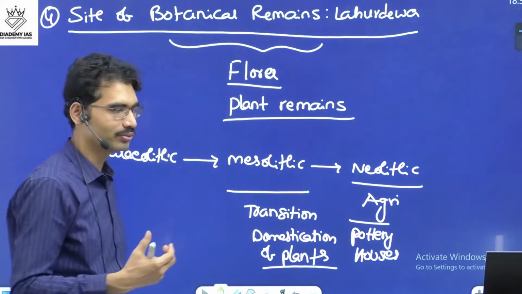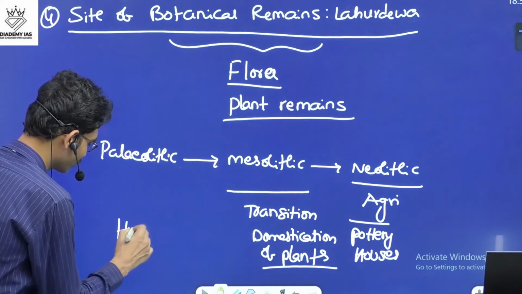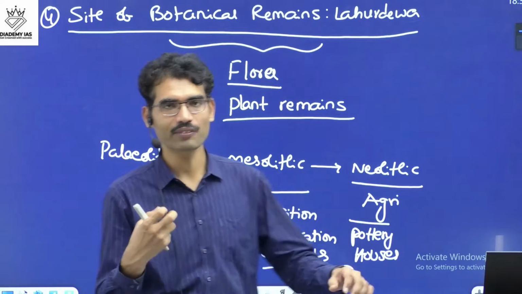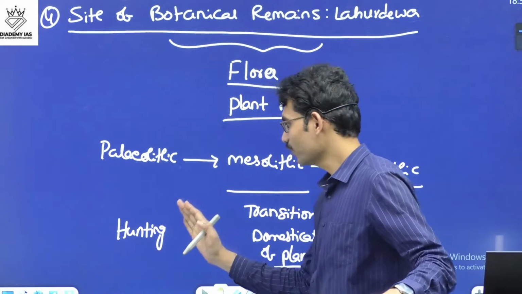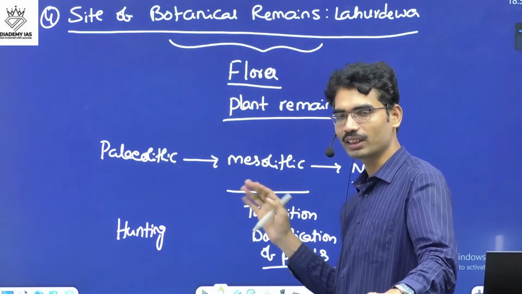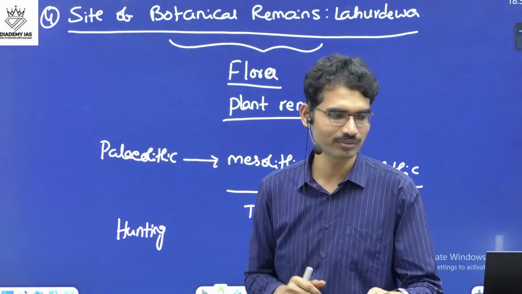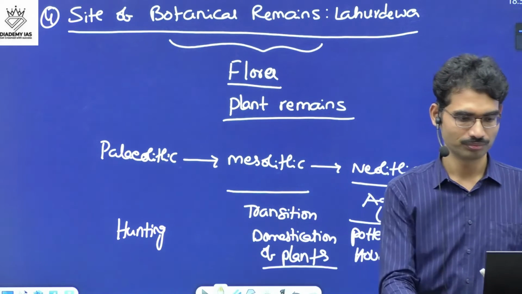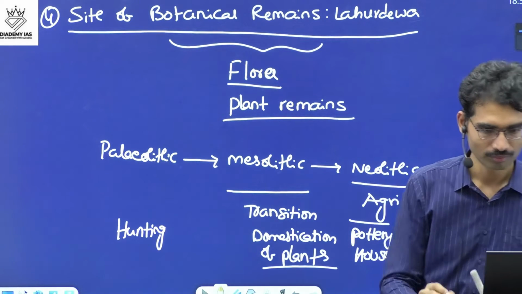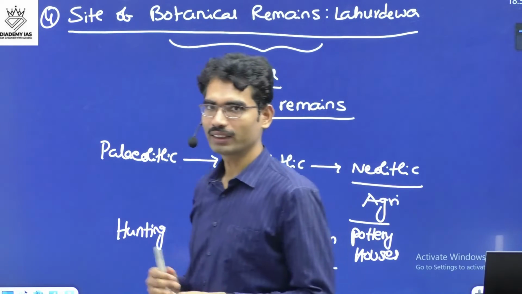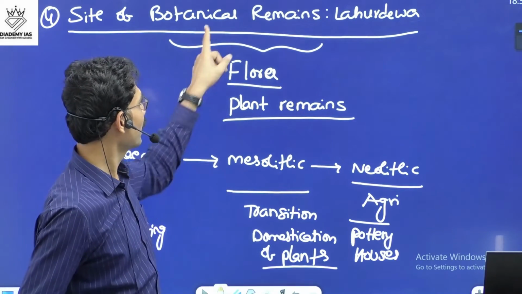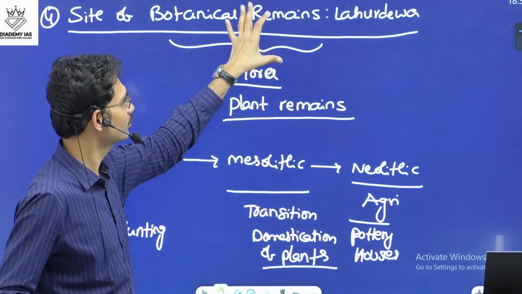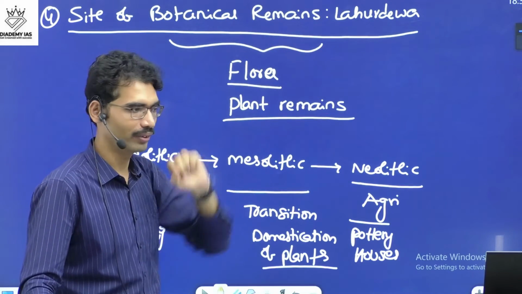So, sedentary life. Here, hunting and gathering, mobility. Always people were moving for the sake of food. And gradually, these people started living in a particular place, sedentary life. And that evidence comes from Lahura Deva. Is it clear? Botanical remains means different types of plant remains were discovered from this.